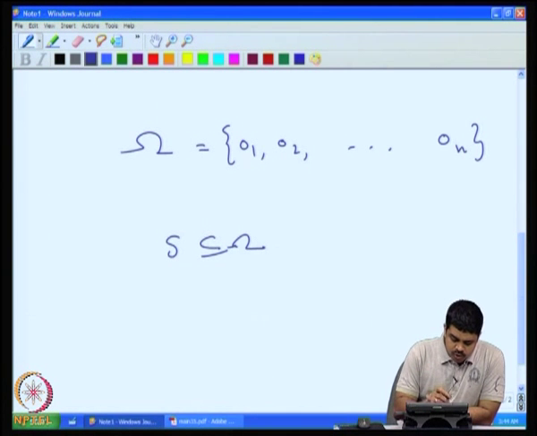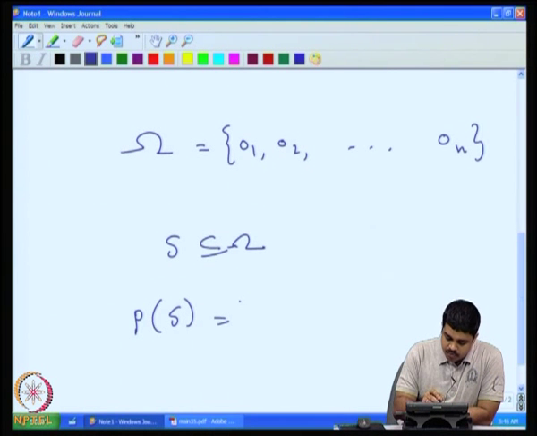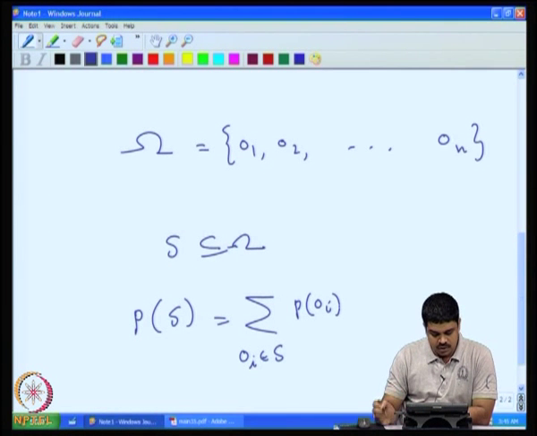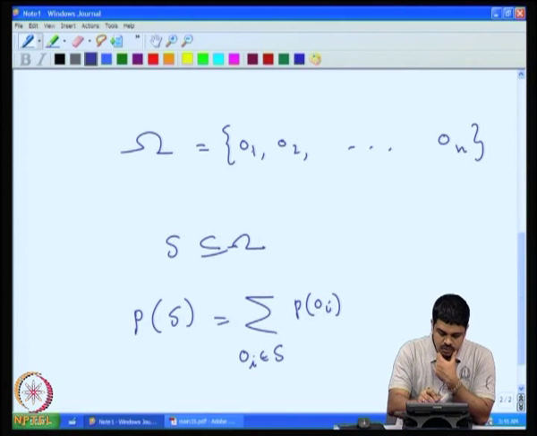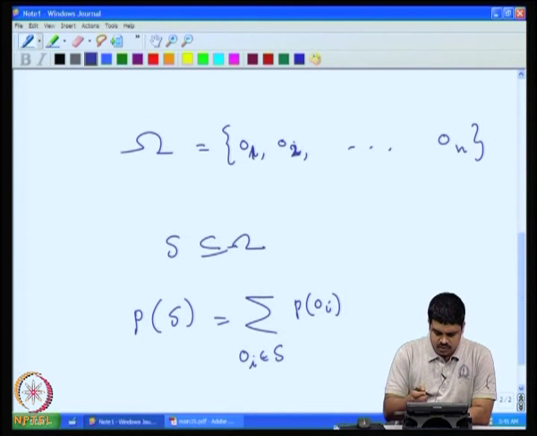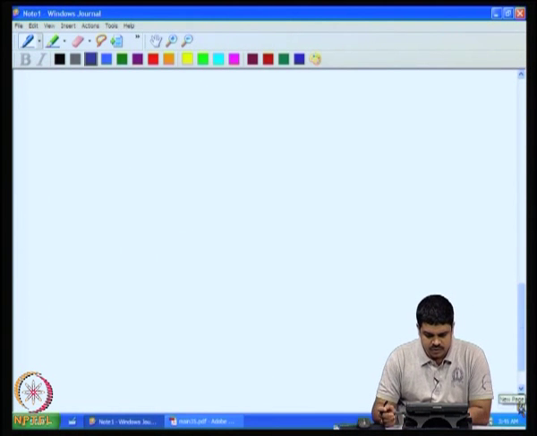Now, what will be the probability of this event? The probability of this event will be the sum of the probabilities of the outcomes which constitute that event. This notion is enough.